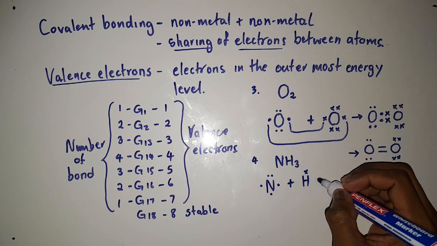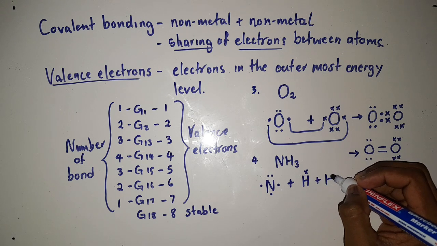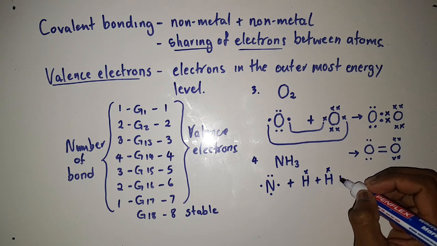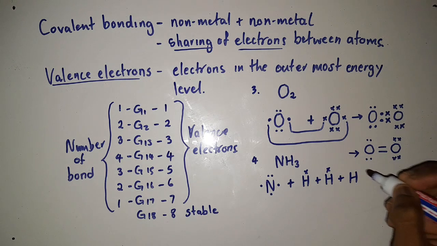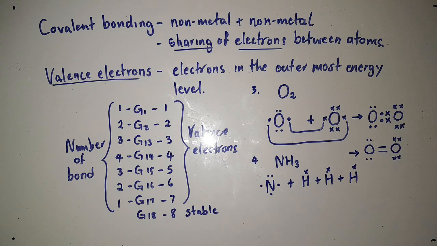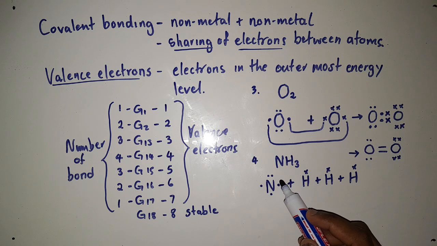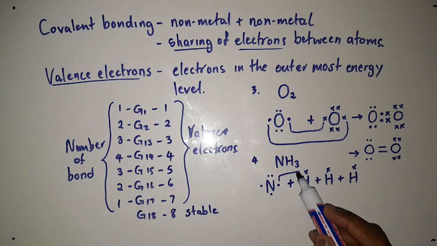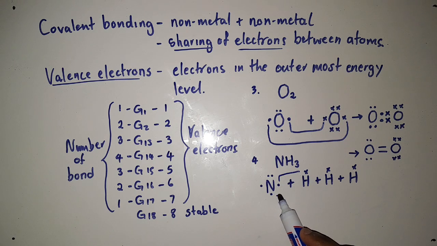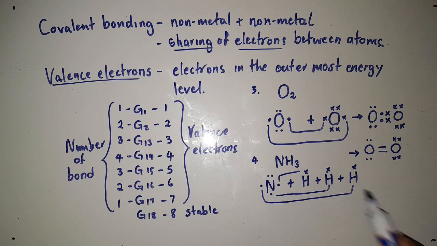Let me write X plus, let me write another hydrogen like this, plus another hydrogen like this. You see, how many unpaired electrons do I have in this given? I have 1, 2, 3. You see, then how many hydrogen do I have? 3 of them. That means this electron is going to be paired with this, then this electron is going to be paired with this, then the last one is going to be paired with this one.